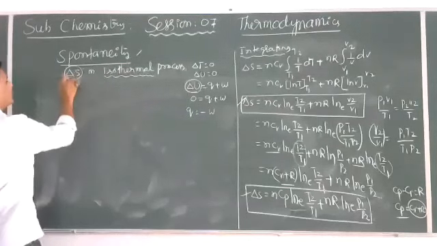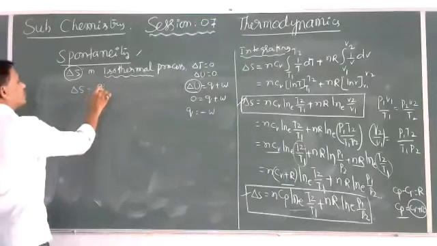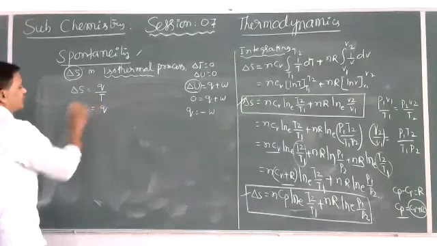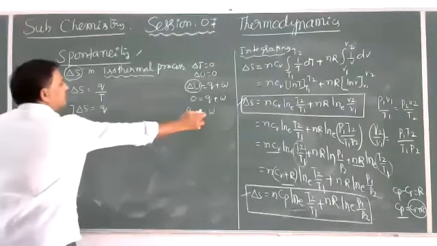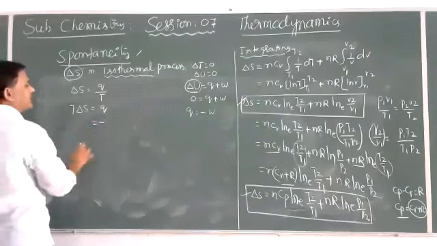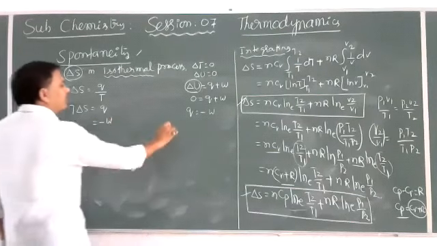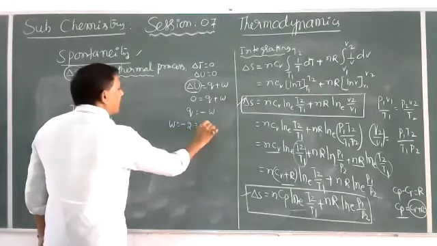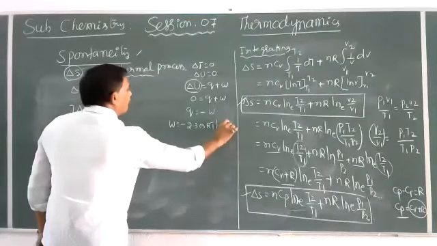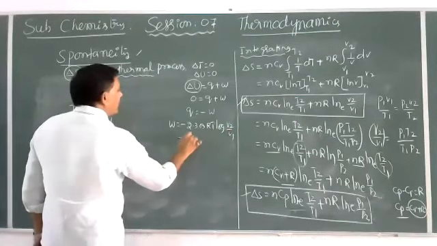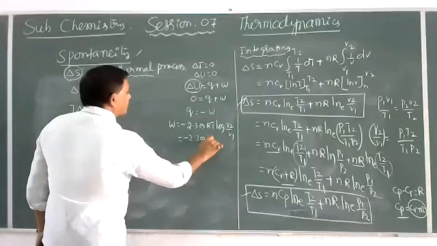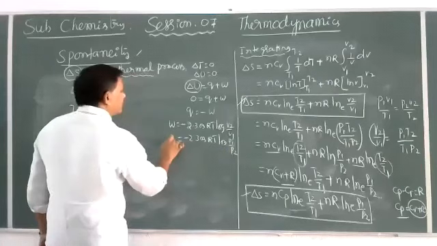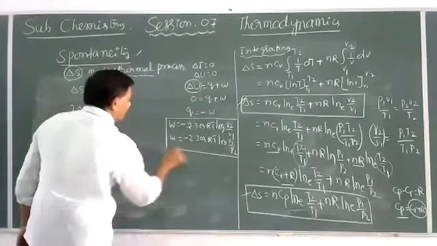We know the change in entropy, delta S, is equal to Q by T, or T delta S is equal to Q. This value we know: here it is minus W. We already know work done, W, is equal to minus 2.303 nRT log V2 by V1, or minus 2.303 nRT log P1 by P2, according to mechanical work done.